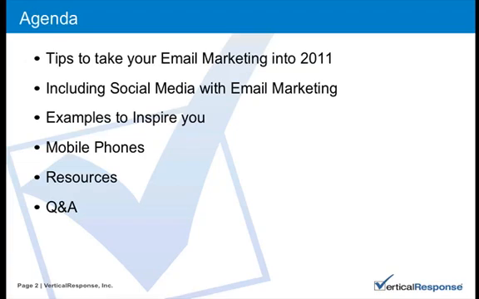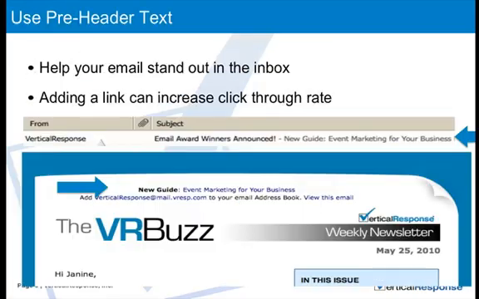I do have lots of examples for you to help understand what I'm talking about and inspire you to start doing this with your own email marketing. I have a little bit about mobile phones. That is something to keep in mind for the current email marketing world. And then I have some slides with resources available for you, and then as I said, we will do a Q&A. So let's go ahead and get started.